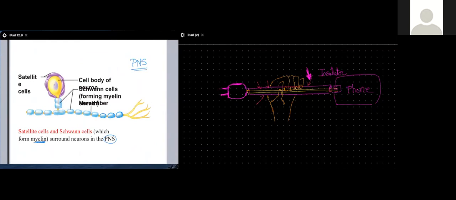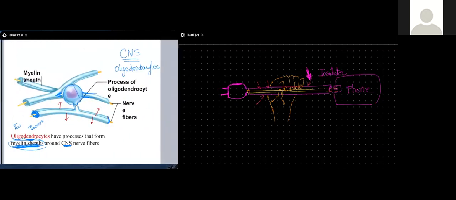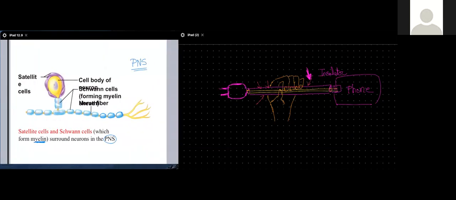So again, what is the cell responsible for the formation of the myelin sheath in your central nervous system, in your brain and spinal cord? This is going to be the oligodendrocytes. What is the cell that's going to be responsible for the formation of the myelin sheath around the nerve fibers in your peripheral nervous system?